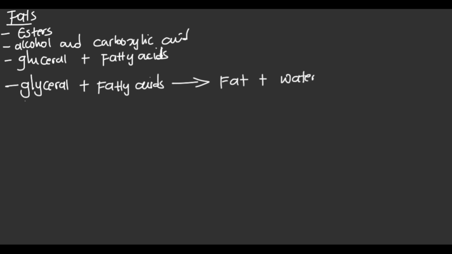Then the structure for glycerol is this one. So we can see OH, which is for alcohol. Then we need to have the carboxylic acid.